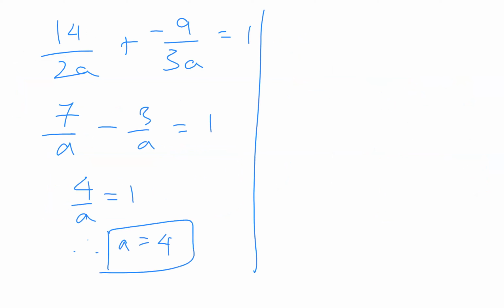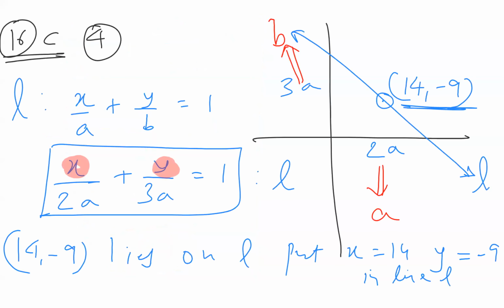They had asked us the value of a. So we got the value of a as 4. We have to write down the equation of line L as well. So the equation of line L will be, just put 4 in place of a. Let's point this as equation number 1. Put a equal to 4 in equation number 1.